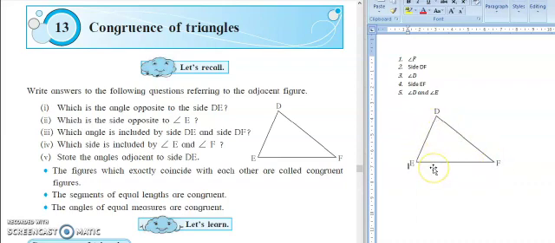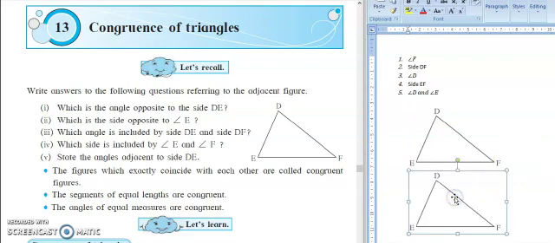Then both these figures are known as congruent figures. If all the sides and all the points of this figure match with all the points of this figure, that means they coincide exactly, then these two are known as congruent figures.